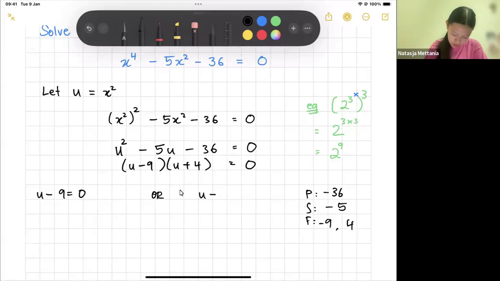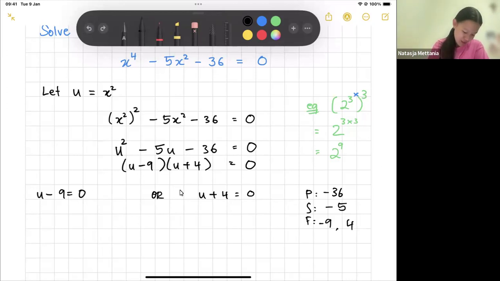Now, before I even solve it, at this stage I'm going to resubstitute. Wherever u is, I'm going to put x squared, because I'm solving for x, technically, from my original equation. So I'm going to resubstitute it.